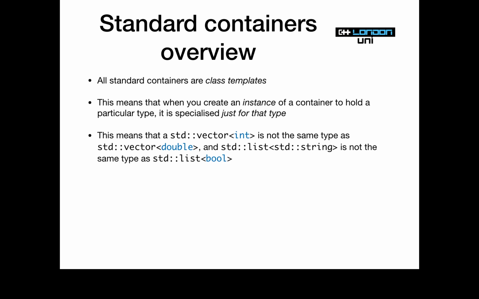And it means that, for example, a vector of ints is not the same type as a vector of doubles. These are distinct types. A list of strings is not the same type as a list of bools. These things are what we call template specializations.